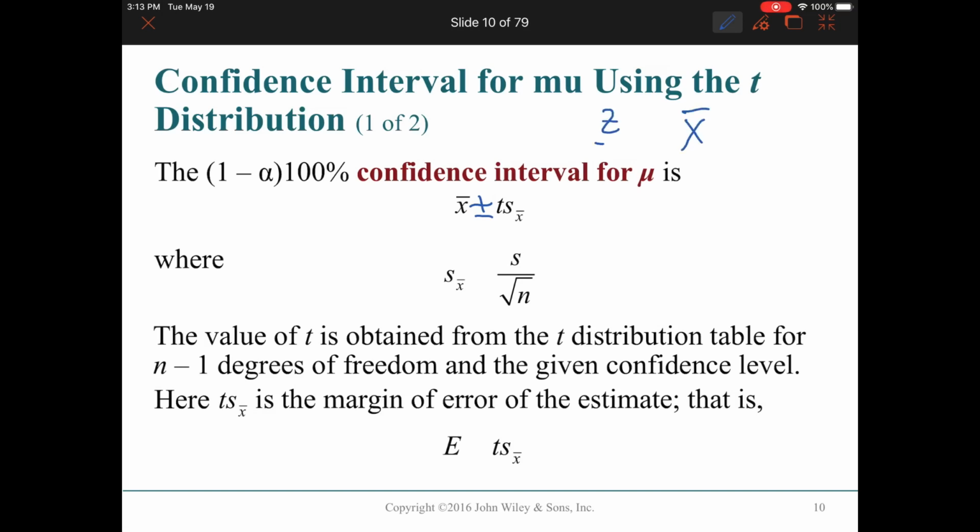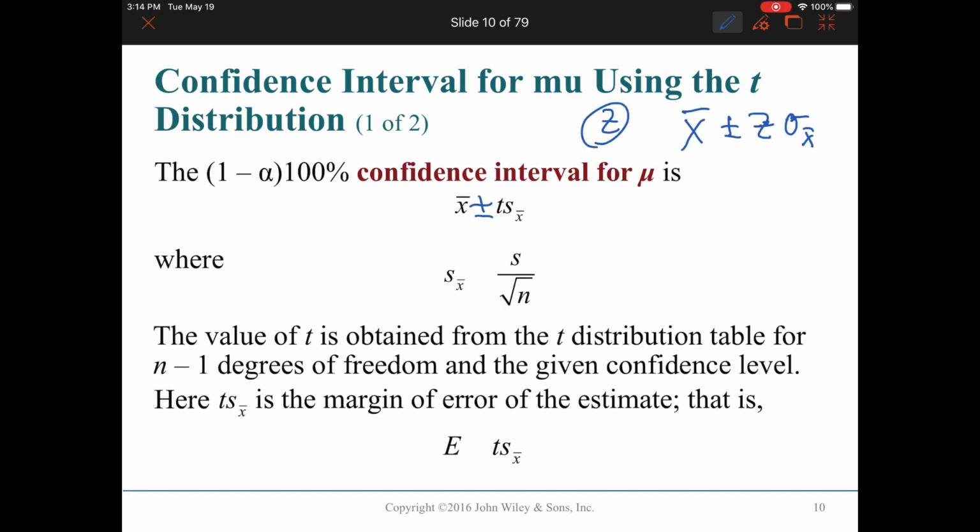Okay, now we have the confidence interval. It looks very, very similar to what we had before, except there's a couple of major changes. You might recall that with the Z distribution, the standard normal, we had a confidence interval of x bar plus or minus Z, or sometimes ZC, times sigma of the mean. Well, we don't have sigma anymore.